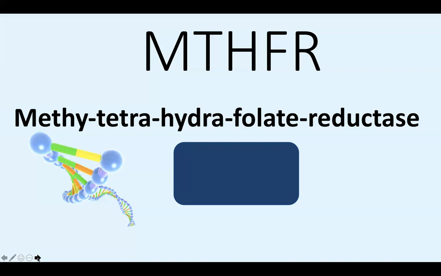This MTHFR gene is also related to Alzheimer's and dementia in old age, and those with a variant do not detoxify chemicals well. So if you have one of the variants, you have a methylation problem. And that means that you cannot break down your B vitamins and they won't get used appropriately.